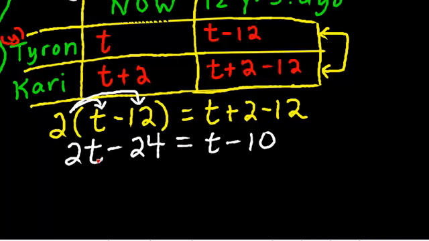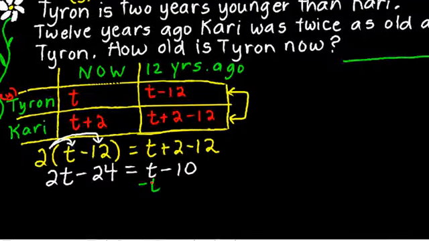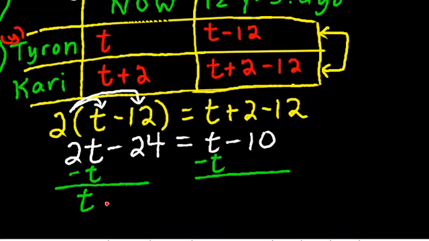Now I've got variables on both sides of the equation. I'm going to solve this algebraically. I'm going to get rid of one of these terms that's got the T in it, because I only want one of those. I'll do that by subtracting T from both sides. And that's going to leave me with a positive T over here. 2T minus T is 1T. I'll bring down the minus 24.